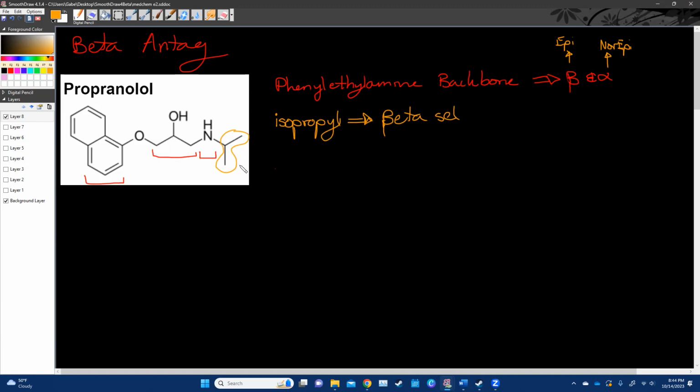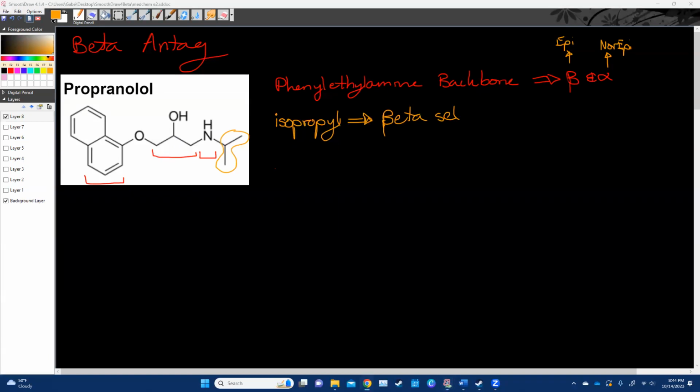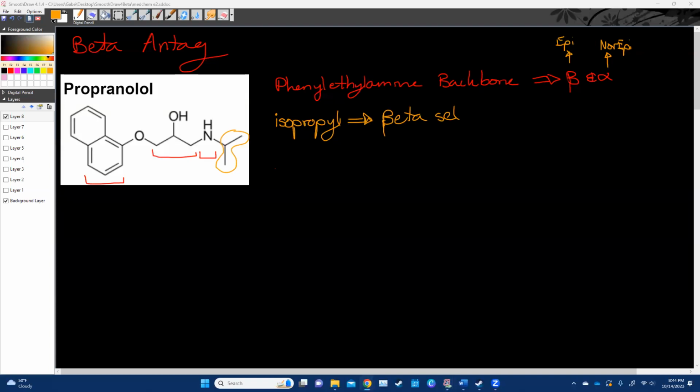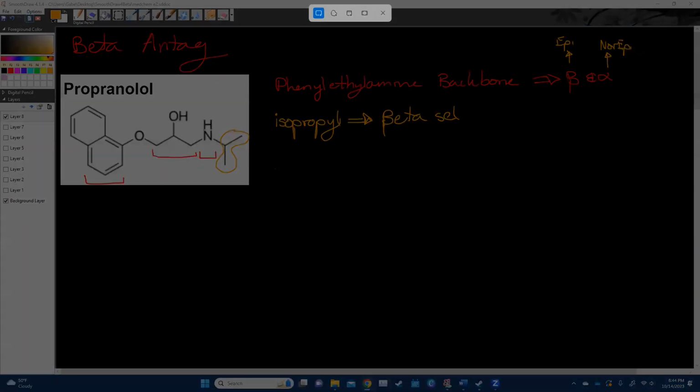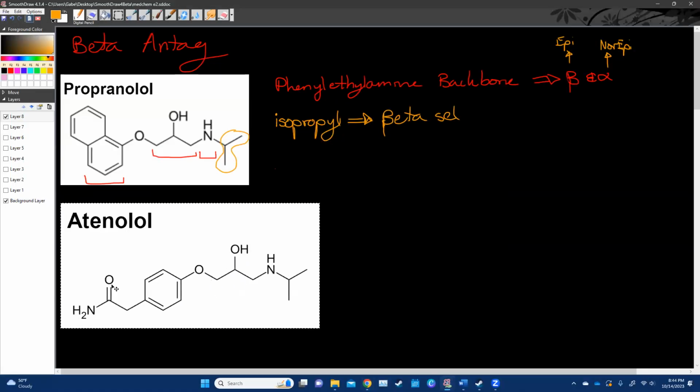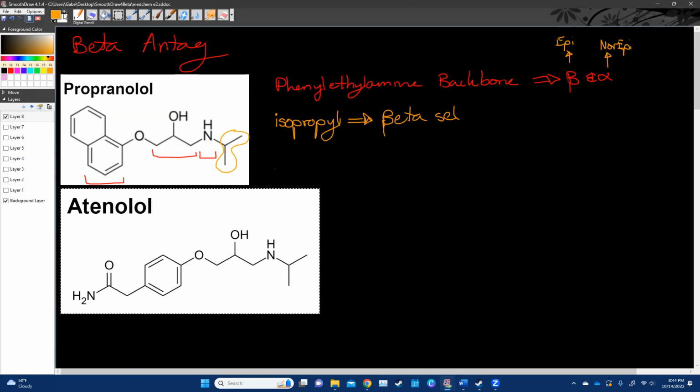And what's important about these drugs, and I'm just going to grab another one just to show comparison. There we go, atenolol.